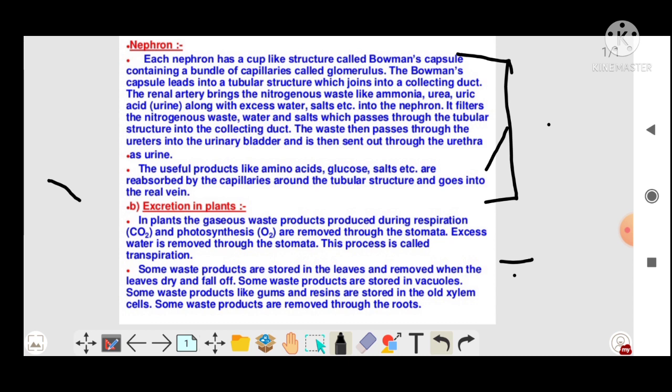Some waste products like gums and resins are stored in the old xylem. Some waste products are removed through the roots. So by all these processes, excretion in plants takes place.